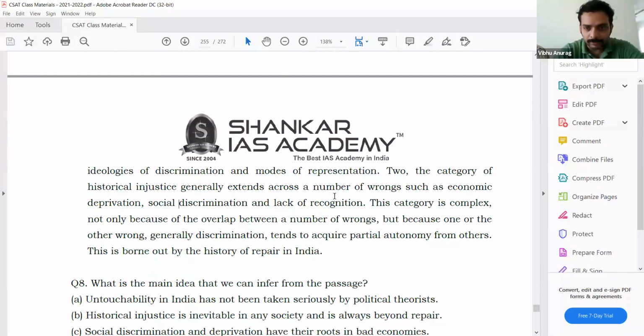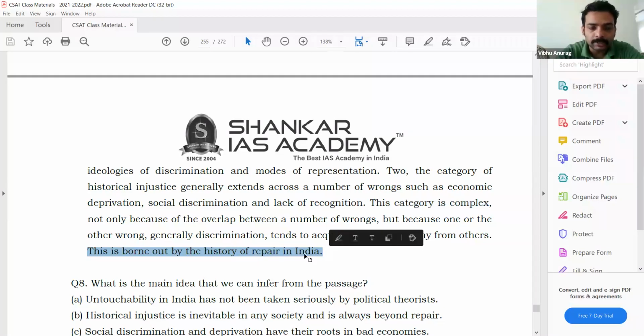Three examples are given of wrongdoings. This category is complex, not only because of the overlap between a number of wrongs, but because one or the other wrong, generally discrimination, tends to acquire partial autonomy from others. Autonomy means even if the other wrongs are resolved, discrimination remains. This is borne out by the history of repair in India. Borne out means this is shown, this is displayed by the history of repair in India.